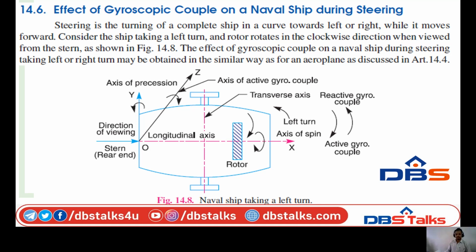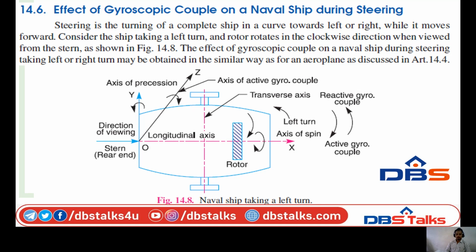When the rotor rotates in the anti-clockwise direction when viewed from the stern, and the ship is steering to the left, the effect of the reactive gyroscopic couple will be to lower the bow and raise the stern. Just now we considered the left turn with the rotor rotating in the clockwise direction.